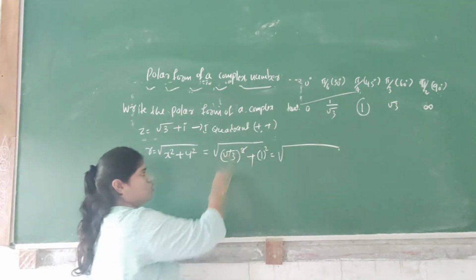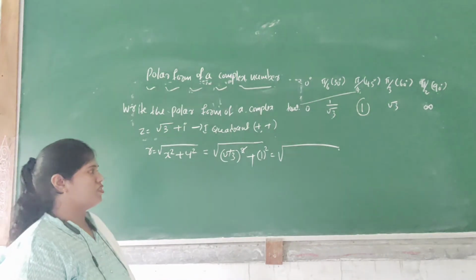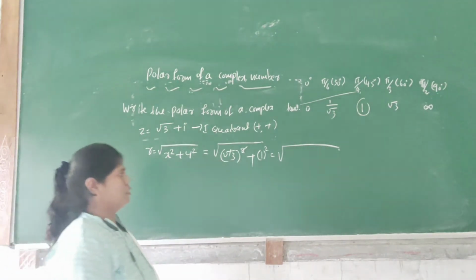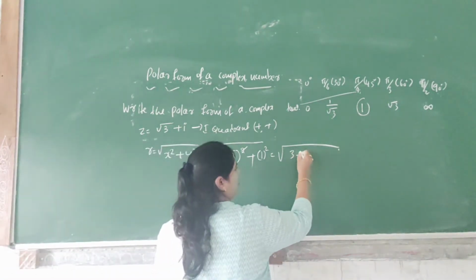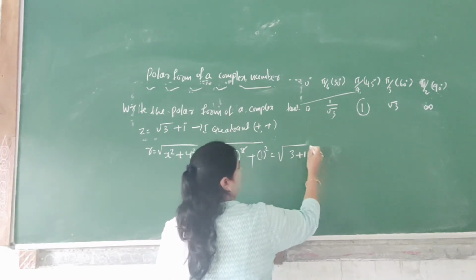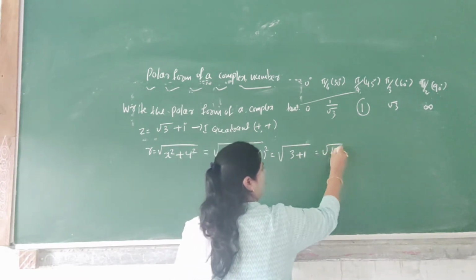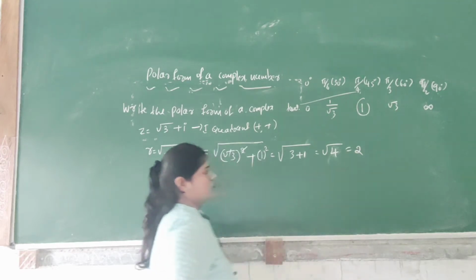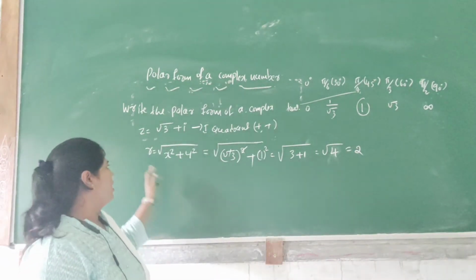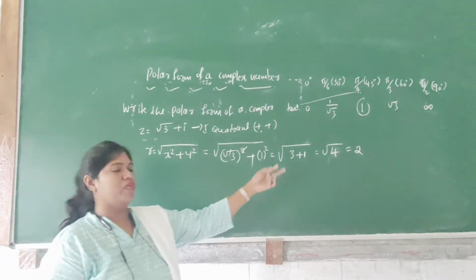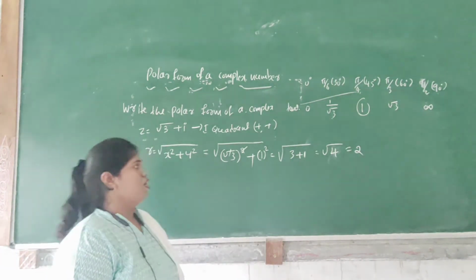The root cancels the square, so we get 3 plus 1, which is the square root of 4, equal to 2. So r is equal to 2.